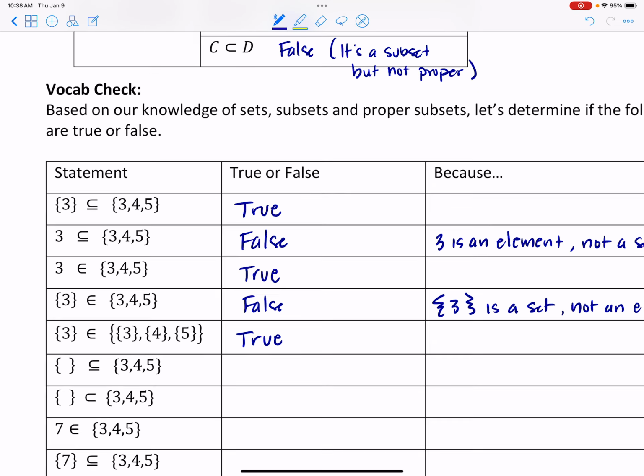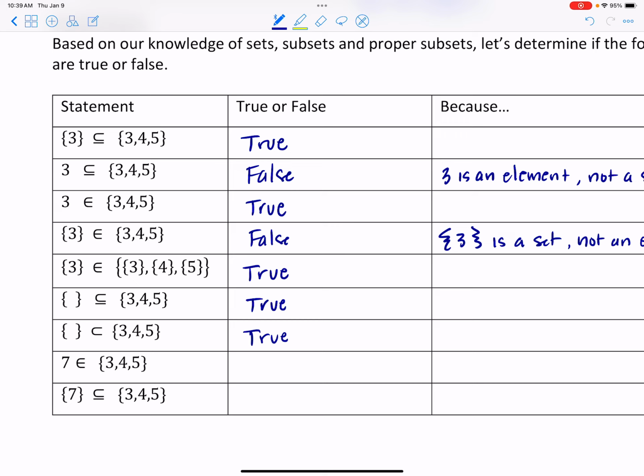Okay? Empty set's a subset of anything, so I know this is true. Again, empty set is a subset of anything. Is it a proper subset? As long as this is not also the empty set, so these two can't be equal, then that's still going to be true. Now, is 7 an element of the set 3, 4, 5?